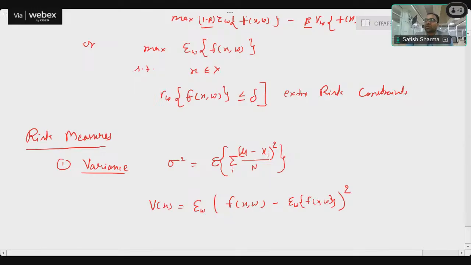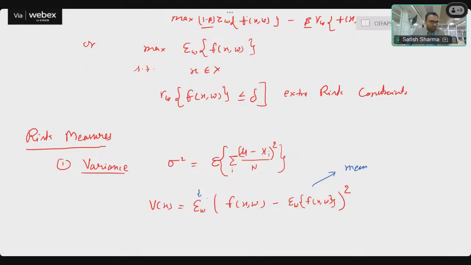So this is the way I can write down the above formulation. This expected value is a weighted sum of the function with all the probabilities, so this term is the mean. Then this is x minus mean whole square, and this expectation will give you the average value.